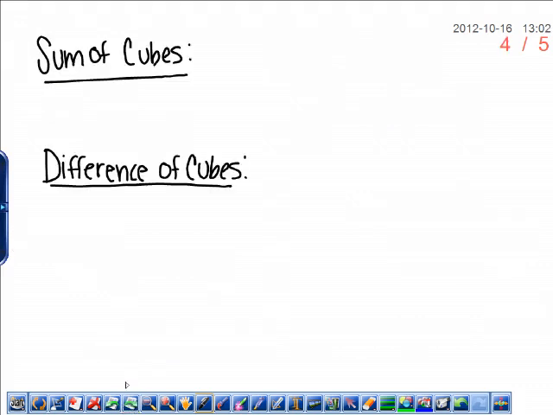Let's talk about cubes now. Let's talk about another rule. Sum of cubes and difference of cubes. Okay?